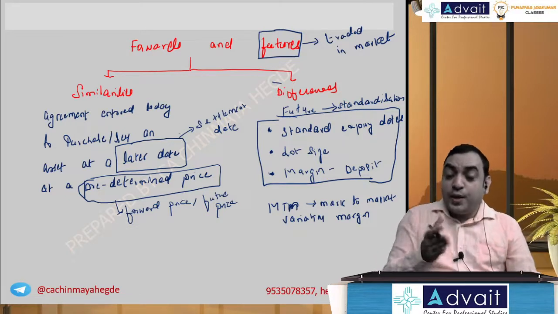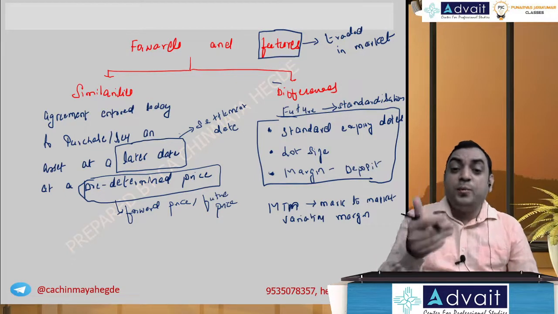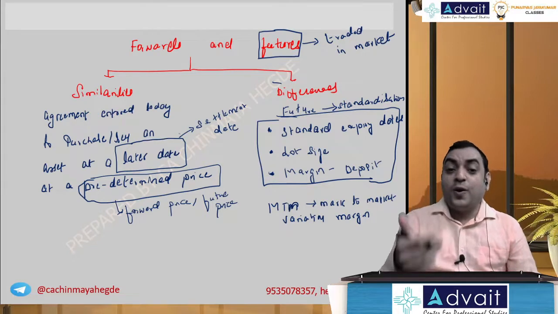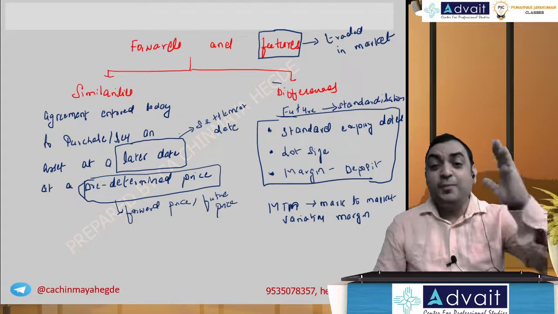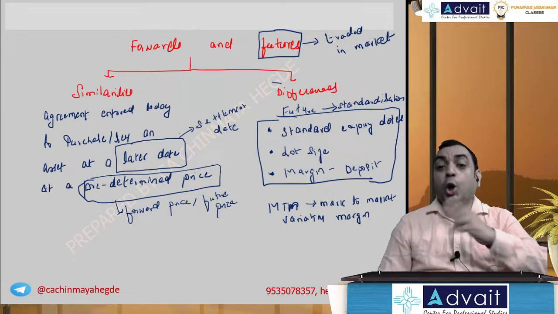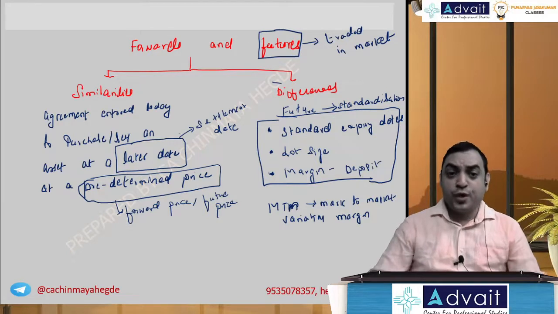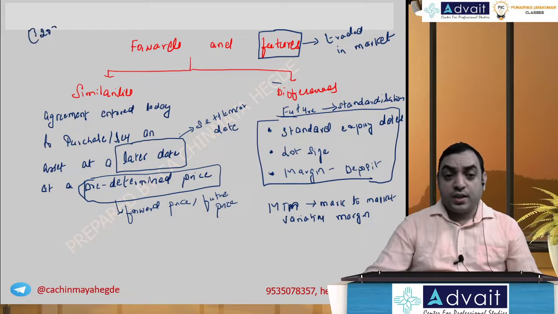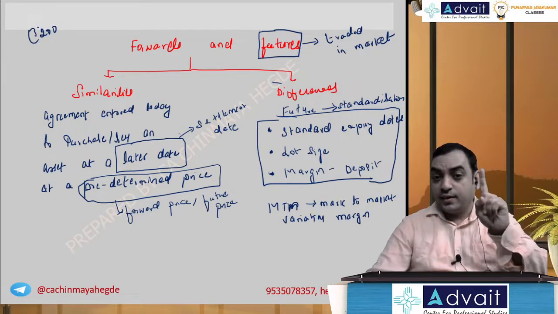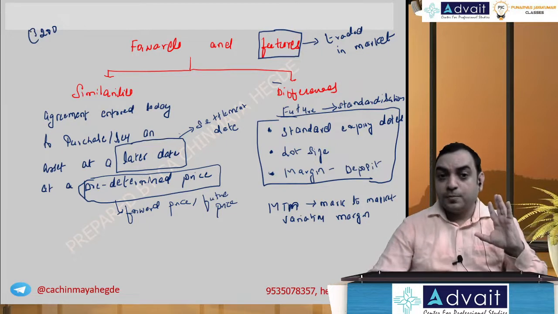On a day-to-day basis, your margin will be adjusted. The profit or loss will be credited immediately on a daily closing price basis. For example, you entered at 200 rupees. Remember, you did not pay 200. You just paid only margin money, maybe 10 rupees, maybe 50 rupees.